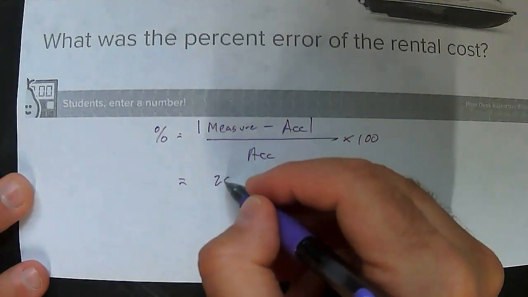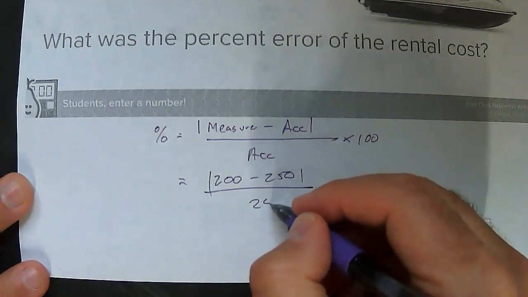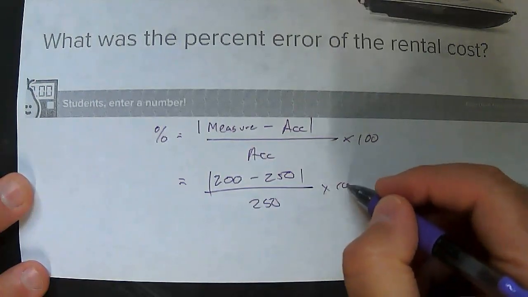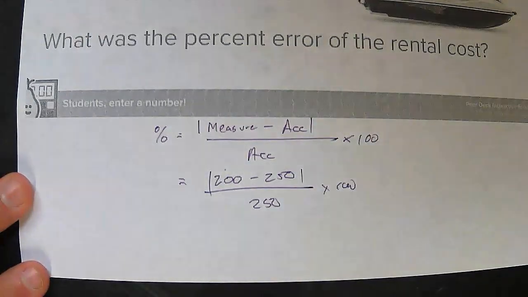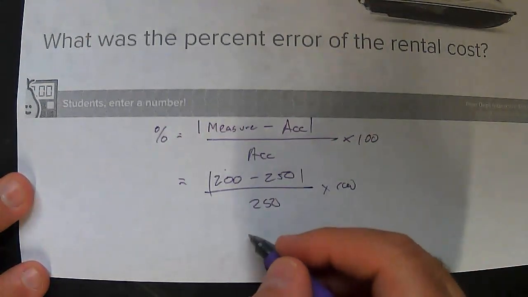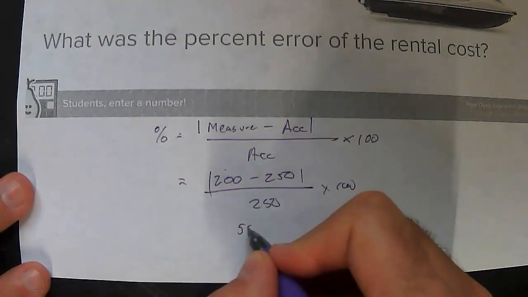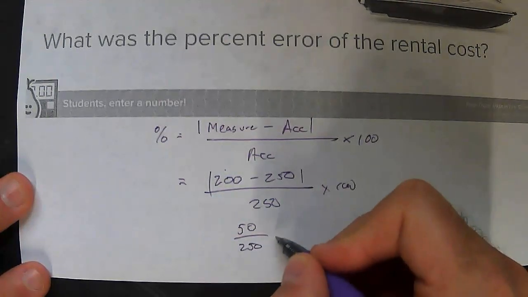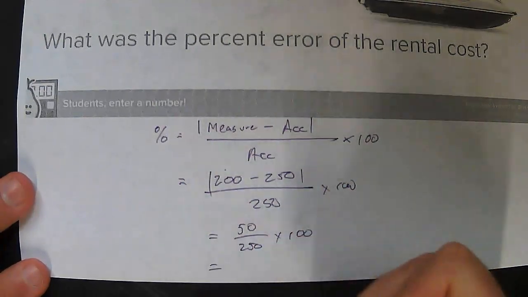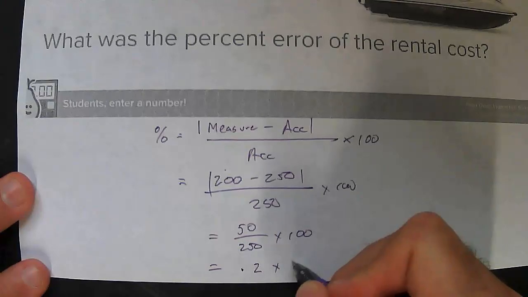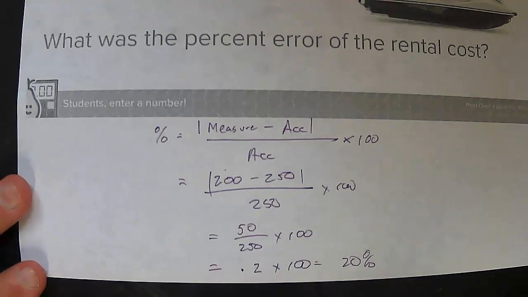So we go 200 minus 250, absolute value, over 250 times 100. 200 minus 250 in your calculator gives negative 50, but with the absolute value we get rid of the negative, so it's 50 over 250 times 100, which equals 0.2 times 100, which is 20% again.